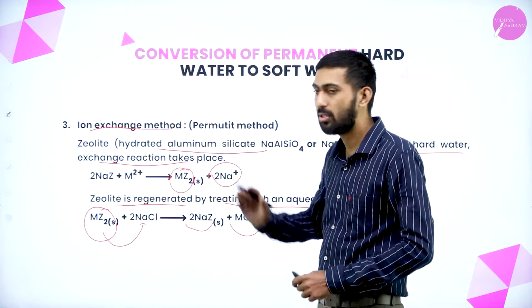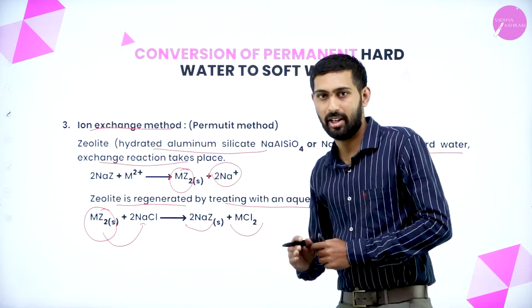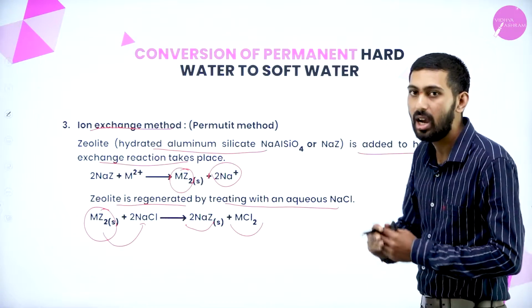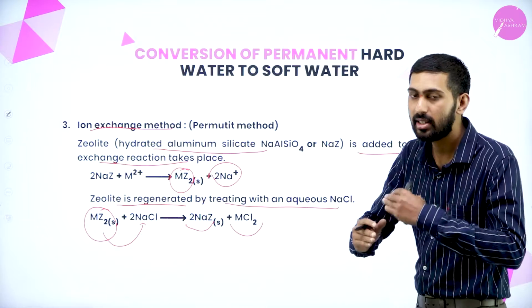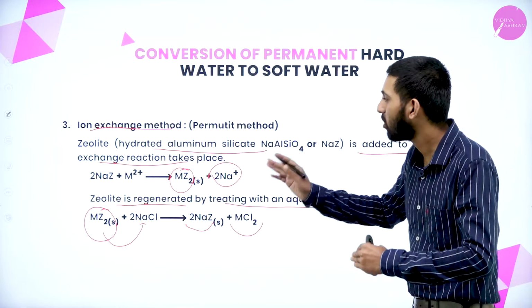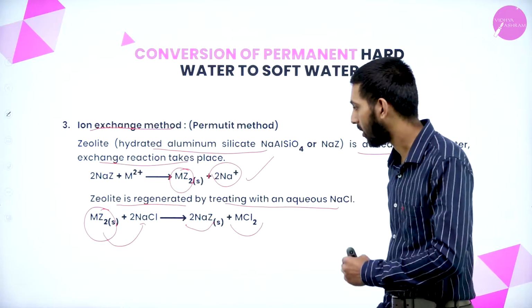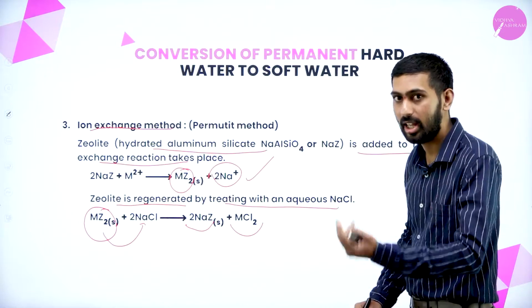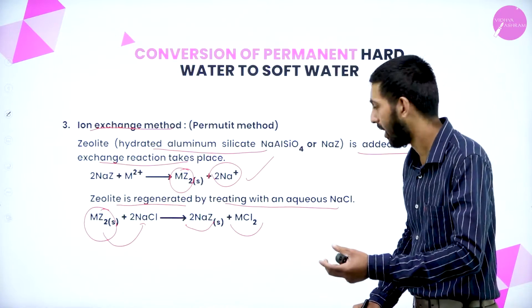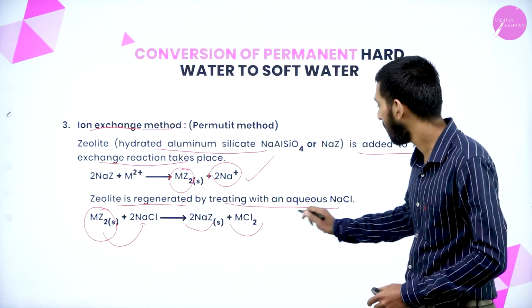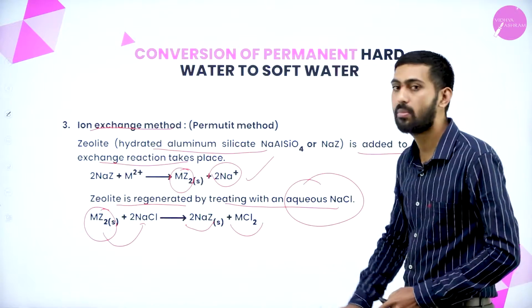First we take zeolite and add it to hard water, and exchange of ions takes place. But zeolite can be regenerated. If you want to regenerate zeolite, we have to treat it with aqueous sodium chloride.